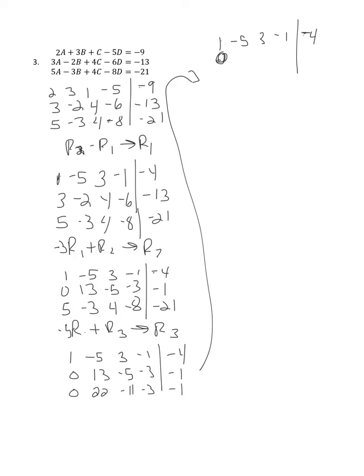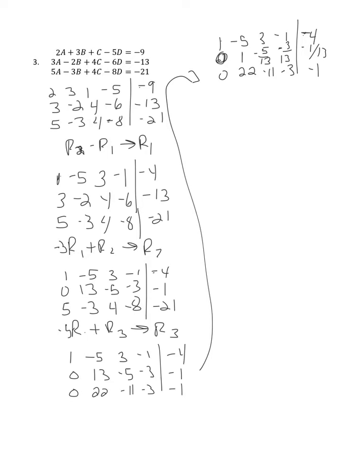So 13 divided by 13 is 1. -5 divided by 13 will be -5 thirteenths. -3 divided by 13 will be -3 thirteenths, and -1 divided by 13 will be -1 thirteenths. And then the third column, 0, 22, -11, -3, and -1.